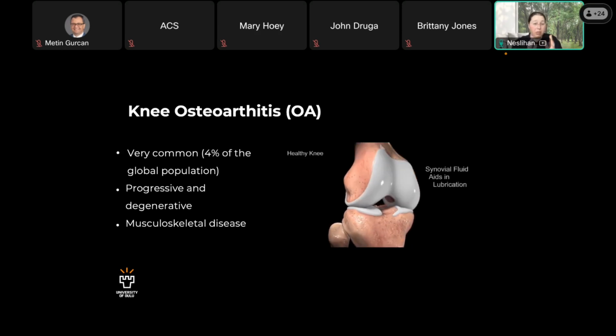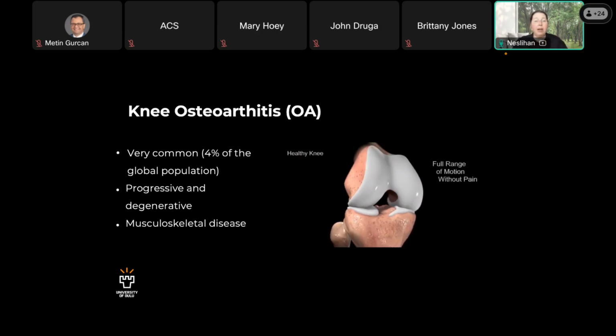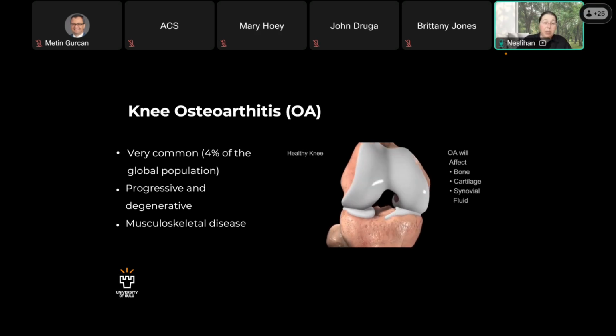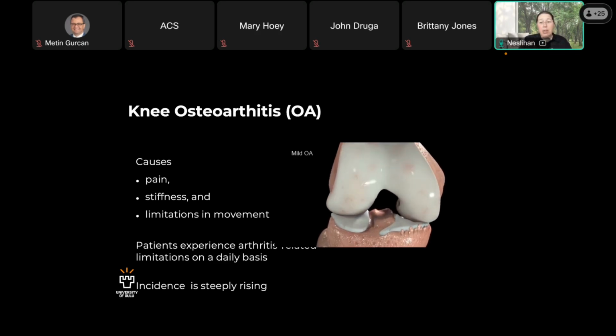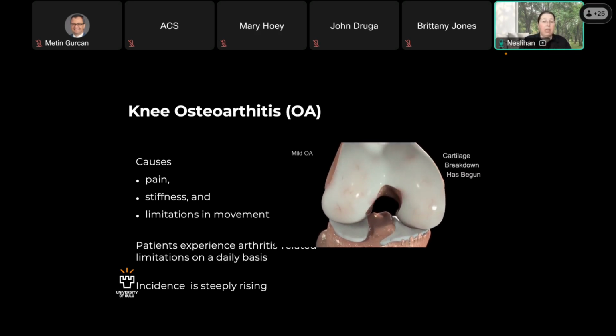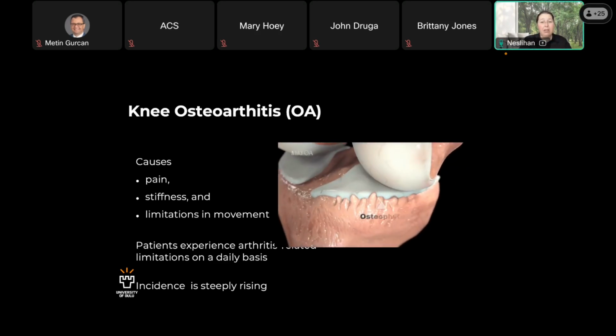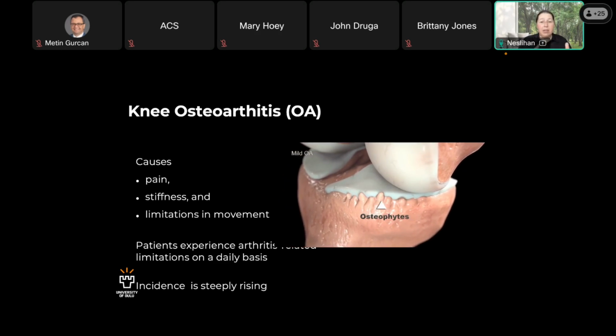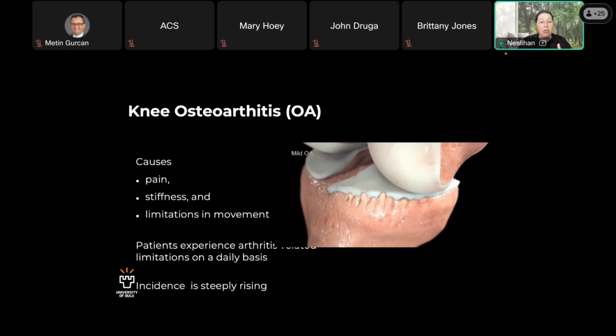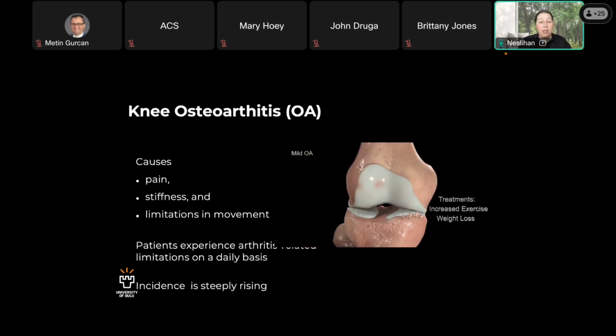It is shortly called OA. It's a very common and progressive degenerative musculoskeletal disease. While I'm talking, you can see an animation that shows the stages of knee OA. The condition causes pain, stiffness, and limitations in movement, and there are many risk factors behind it: age, obesity, injury, gender.